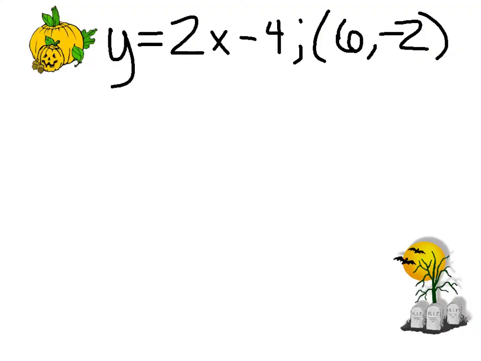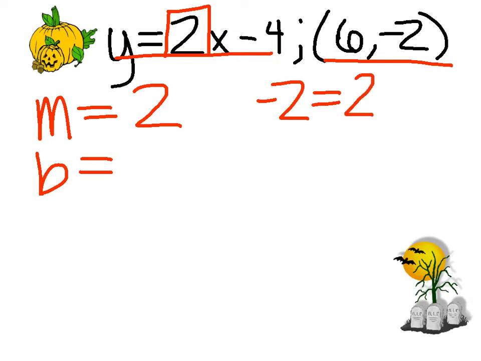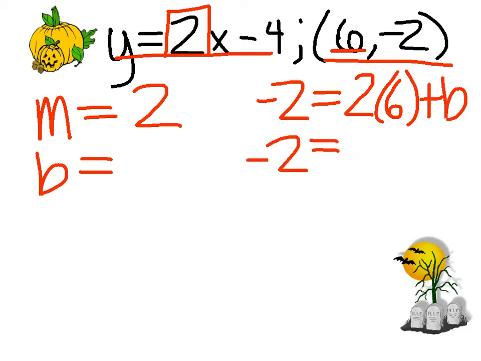Okay, go ahead and find the line parallel to this line that passes through this point and bring it up. We have y equals 2x minus 4. We need to find our slope and our y-intercept of the parallel line we're looking for. Our slope is going to be the same slope, which means it'll be 2. And for our b, we plug in -2 equals our slope, which is 2, times our x value, which is 6, plus b. -2 is equal to 2 times 6, which is 12, plus our y-intercept.